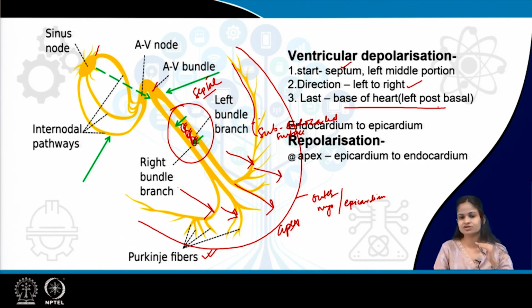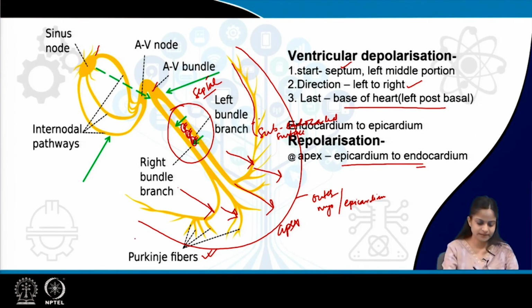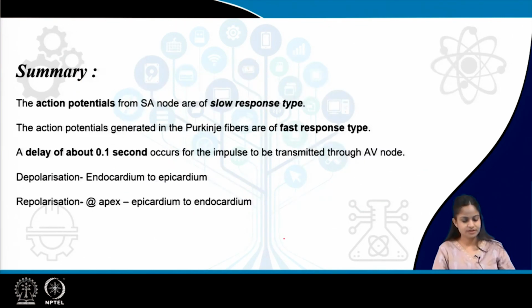So, the repolarization starts at the epicardial layer or the outer myocardium. So, the repolarization at the apex starts from the epicardium to the endocardium. So, this we have to remember.